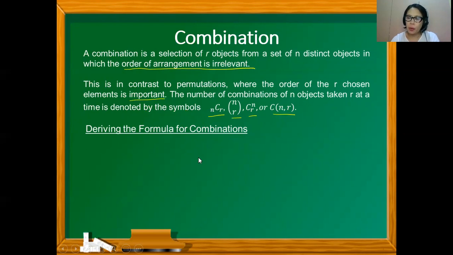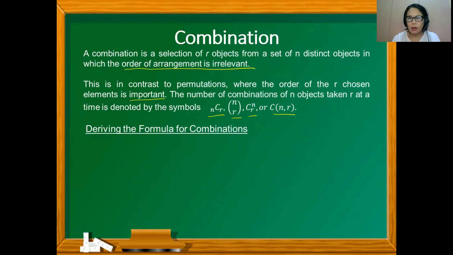The formula for the combination of n objects taken r at a time can be derived from the formula for permutations. By definition again, a permutation of n objects taken r at a time can be obtained from a combination by arranging it in any specific order.